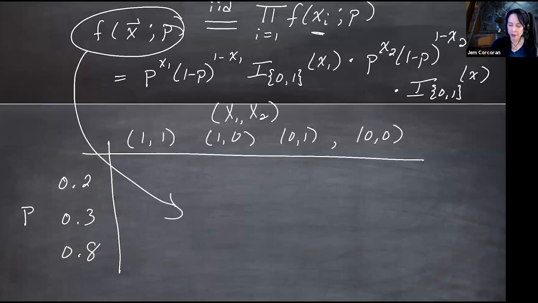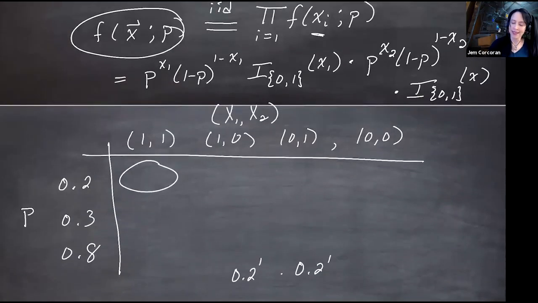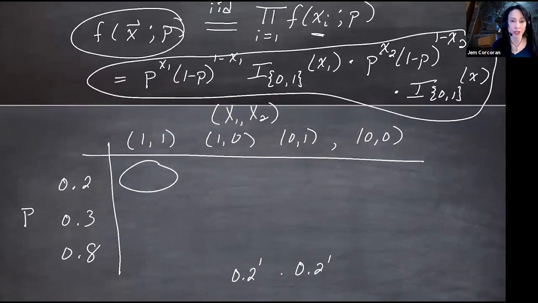So for example, the first one in the upper left corner is going to be p, where p is 0.2, to the 1 times the other, plugging in p equals 0.2 and x1 and x2 equal to 1.